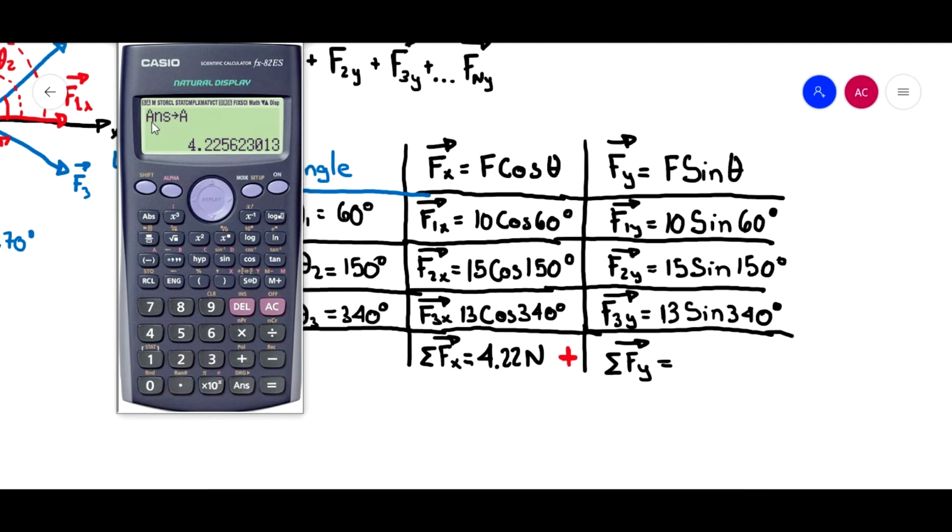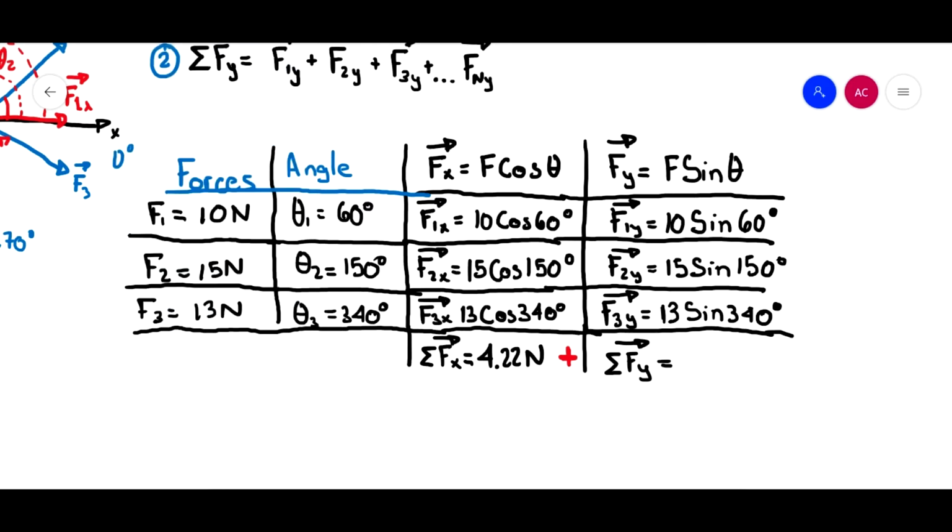If you do it correctly, the answer got into A. So if I hit the AC button and I press alpha A and I press equal, I got this answer. I saved this infinite value into a variable, and that variable is A. And I'm going to write here that I saved this value in the memory A.